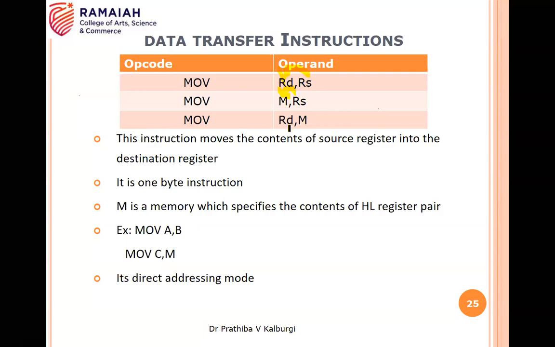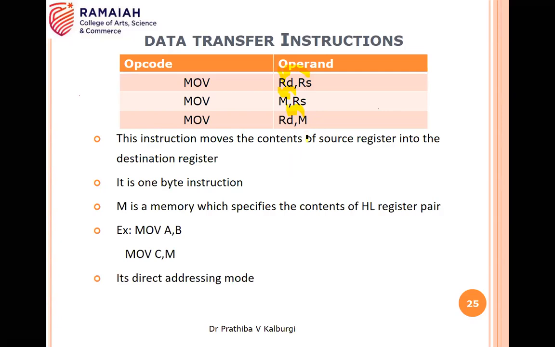And in the same way we have MOV Rd, M. M stands for your memory, which is nothing but a register pointing to the HL register pair. So from M you're going to transfer it into your destination register.